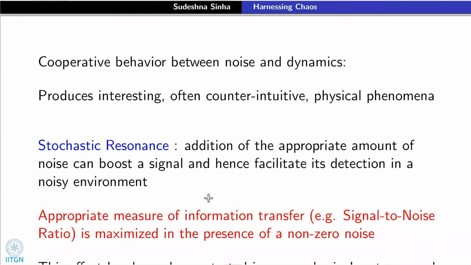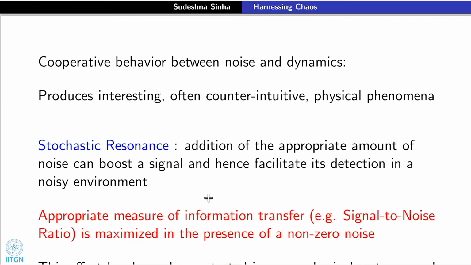There are many examples, but let me put it in one line. When you add an appropriate amount of noise, the noise can often boost what you think of as a signal, and there are cases where it helps detect the signal. Engineers used to call it dither and used it without the word stochastic resonance.